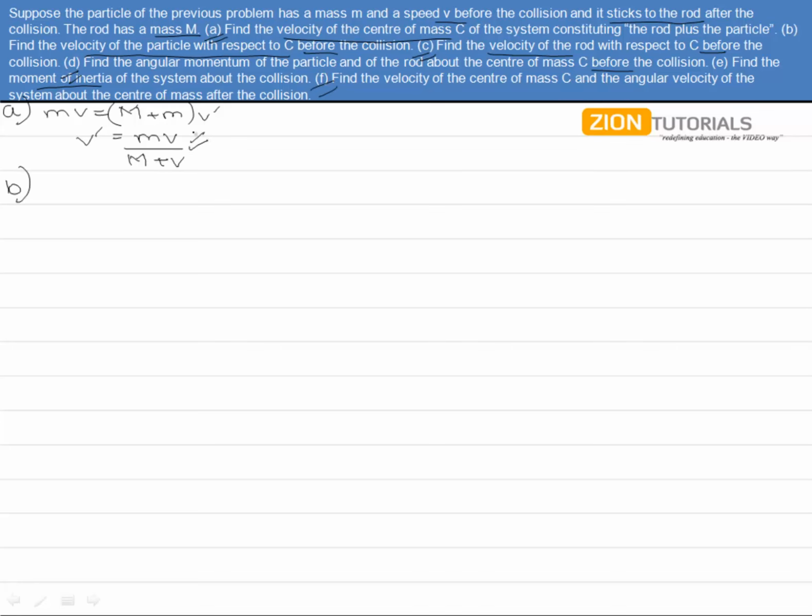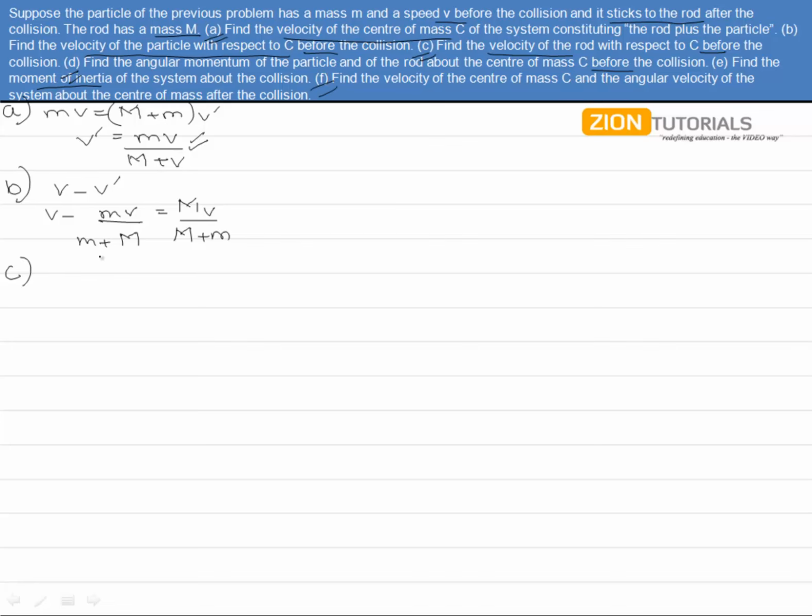Proceeding with the second part, in which we need to find out the velocity of the particle with respect to C before the collision. So it will be v minus v dash, right? So it will be v minus mv over m plus M, that is equals to Mv over m plus M. Now friends, let us calculate the third part, in which we need to find the velocity of the rod with respect to C before the collision.